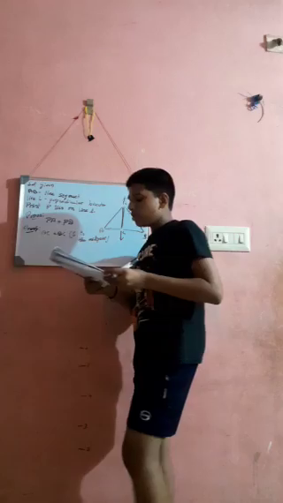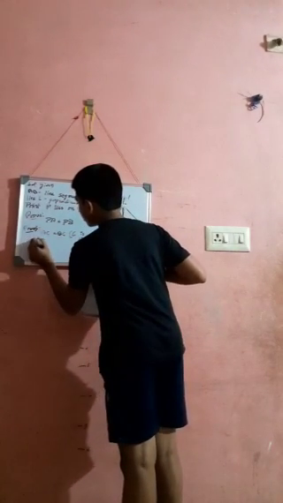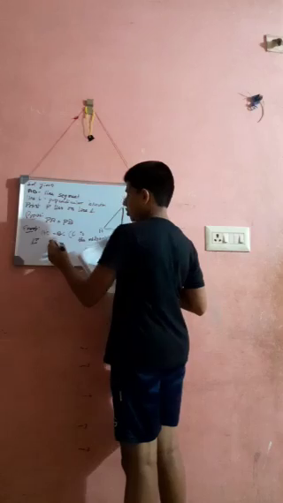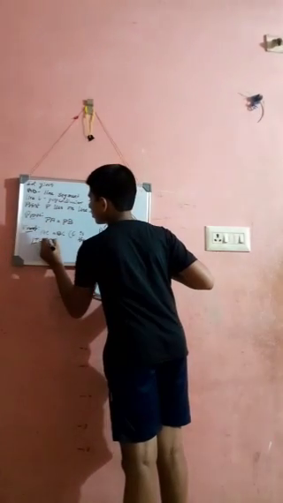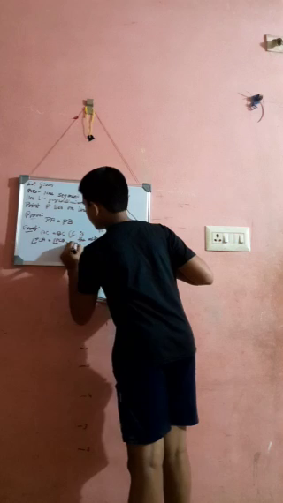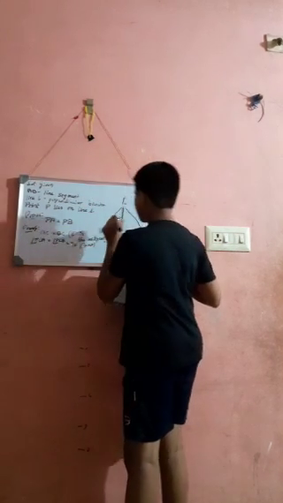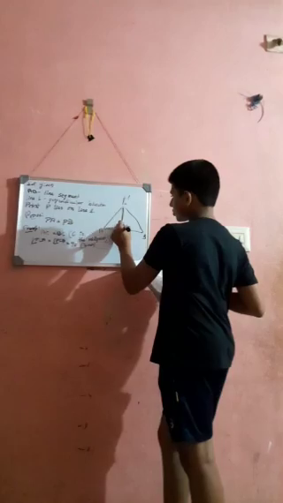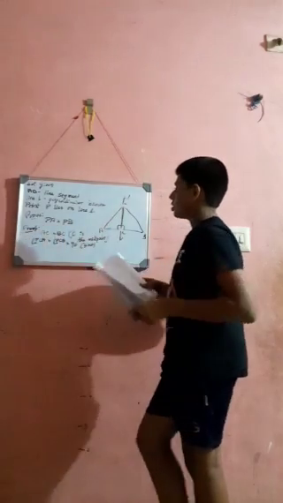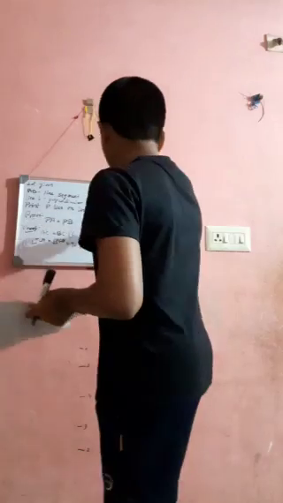One thing we have remembered. And also, here, when the perpendicular bisector is drawn, then the two sides become 90 degrees.